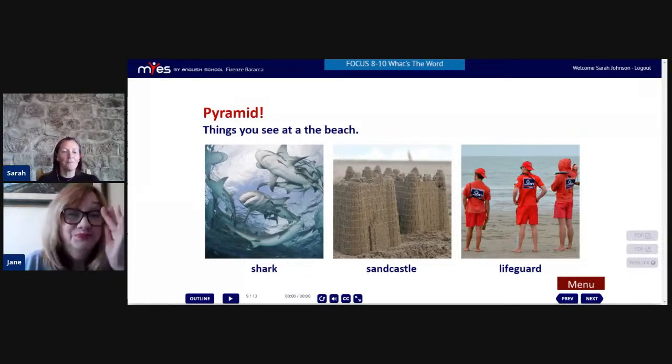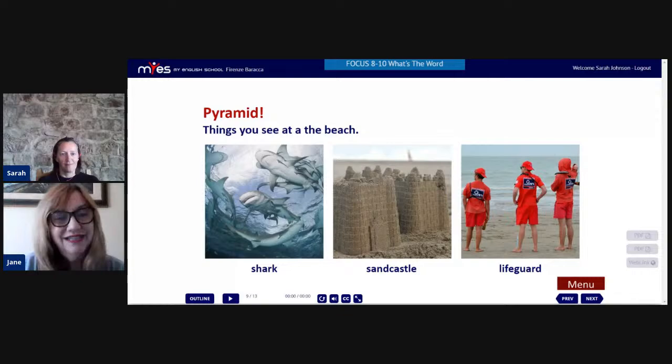Very true. All right, so the next one is what little children and some adults love to do on the beach. They like to make this particular type of construction on the beach. Only on the beach can you make it. What's it made of?